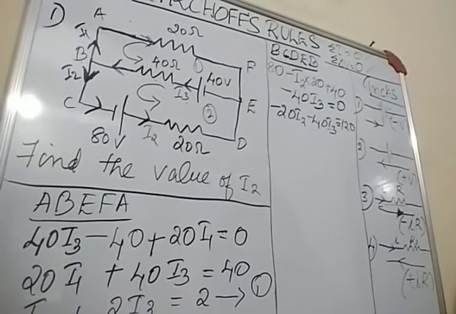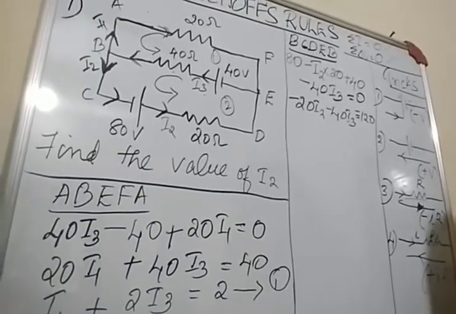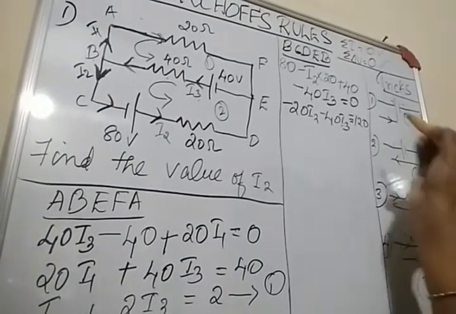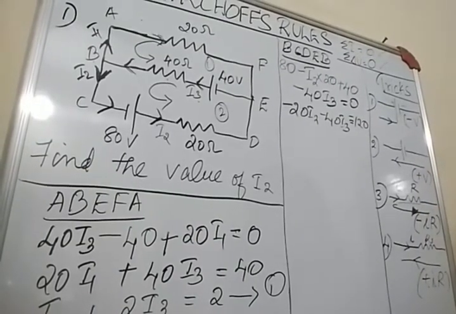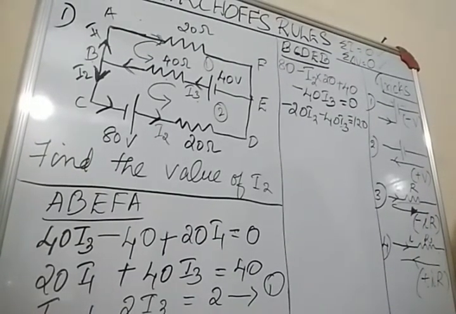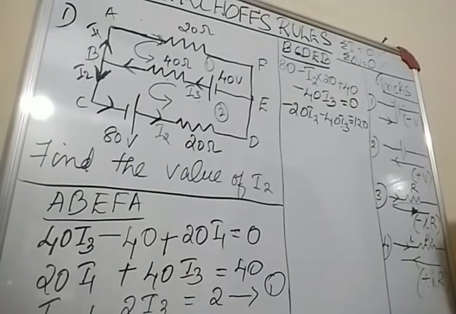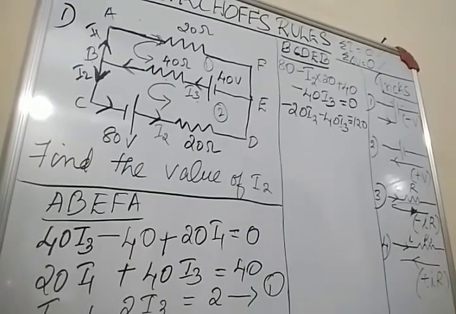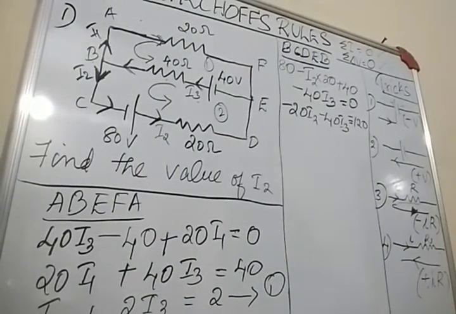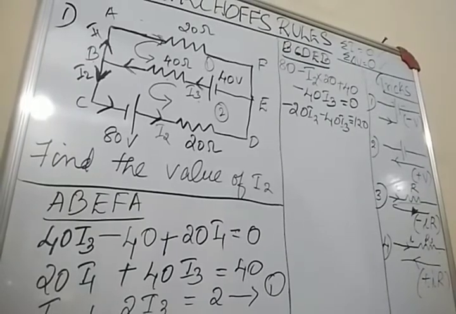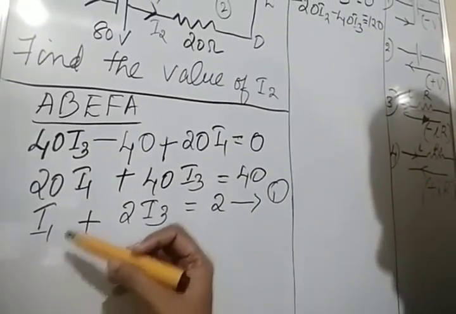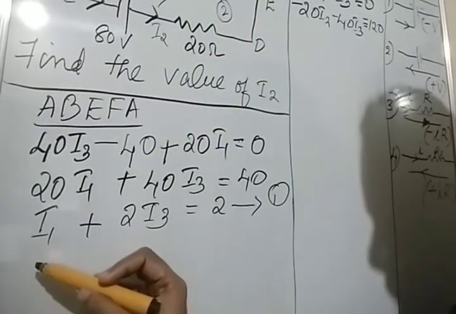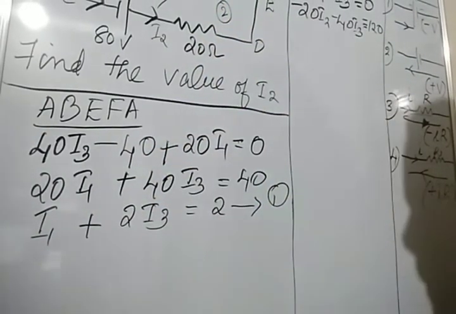Right? And again, we can rearrange this and divide all the terms by 20. Now, here there is a problem. First, when we solved the first loop, we got an expression like this: I1 plus 2 I3 equal to 2.